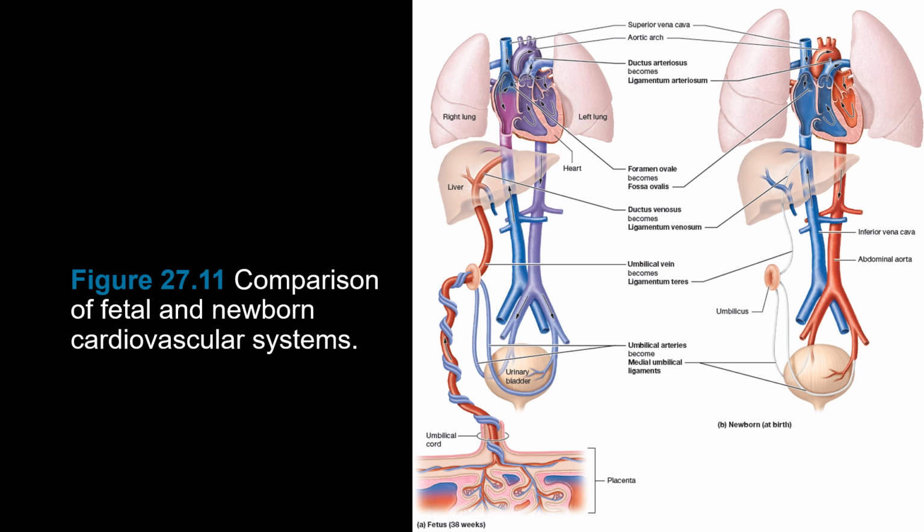They become the ligamentum venosum. The fossa ovalis is what the foramen ovale becomes. The ductus arteriosus becomes the ligamentum arteriosum. All of these changes happen in the next few months after the offspring is born.